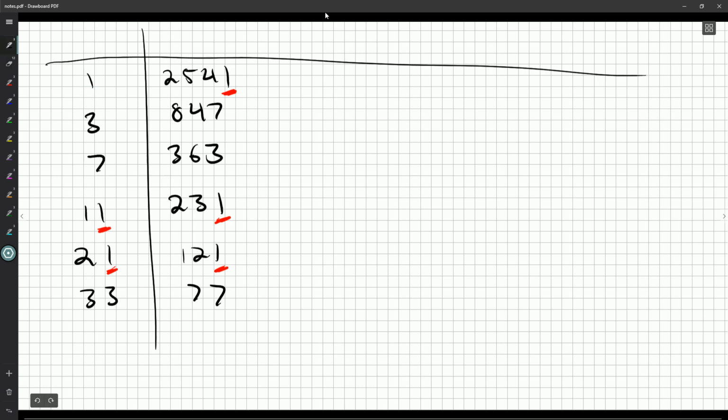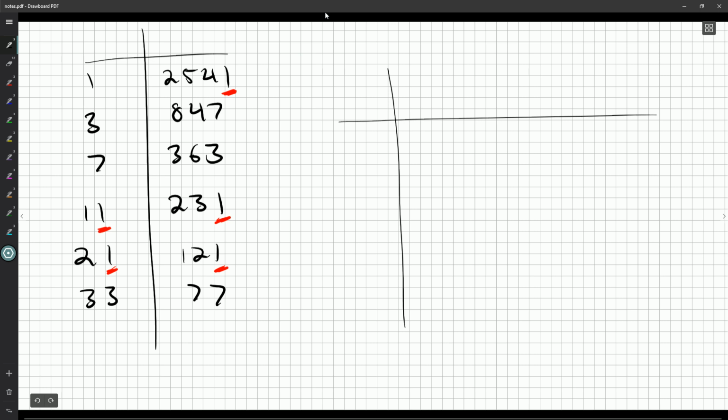So the only possible candidates are 2541. Make a smaller chart down here. So the t values can be 1. Neither of those will work, neither of those will work, neither of those will work.